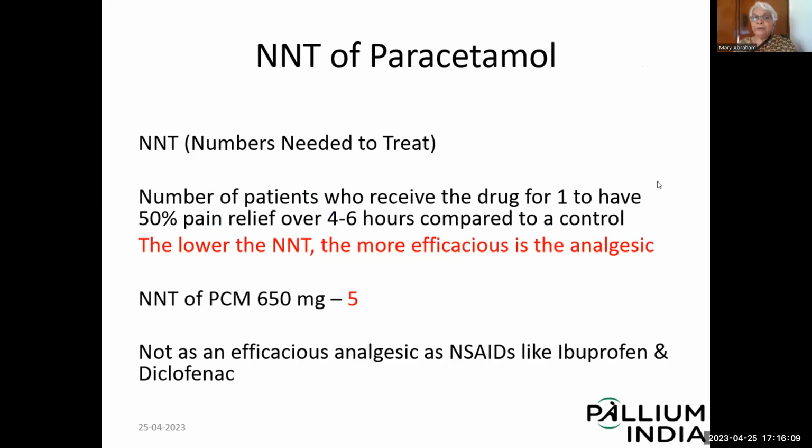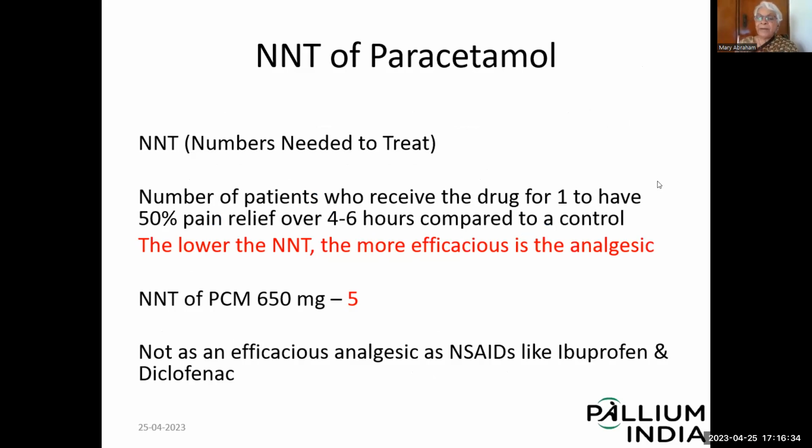Now, we should know a term called NNT, the number needed to treat. NNT tells you the efficacy of a drug. For example, the NNT of paracetamol 650 milligrams is 5. That means that 5 is the number of patients who need to receive the drug for one to have 50% pain relief over the next 6 hours.